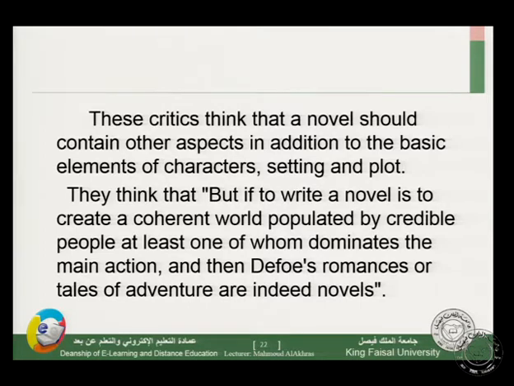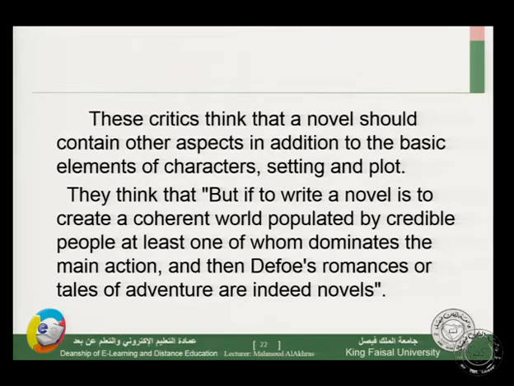So according to these critics, the novelist has to employ other aspects in his novel. But if to write a novel is to create a coherent world populated by credible people, at least one of whom dominates the main action, then Defoe's romances or tales of adventure are indeed novels.